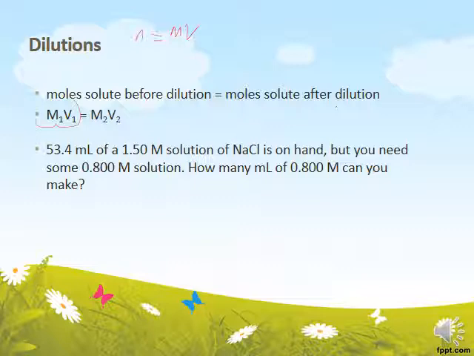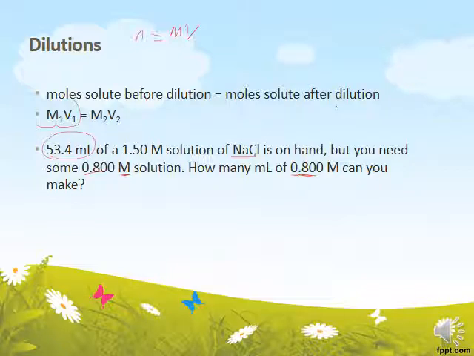For example, you have 53.4 ml of 1.5 molar solution of sodium chloride in hand, but you need 0.8 molar, which is a diluted version. How much of 0.8 molar can you make from this 53.4 ml?